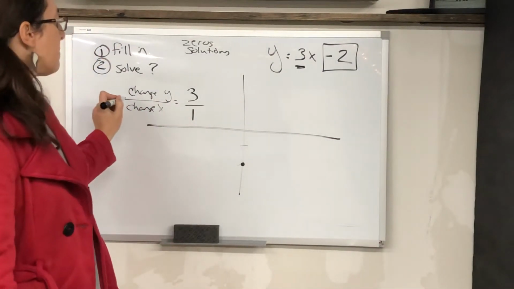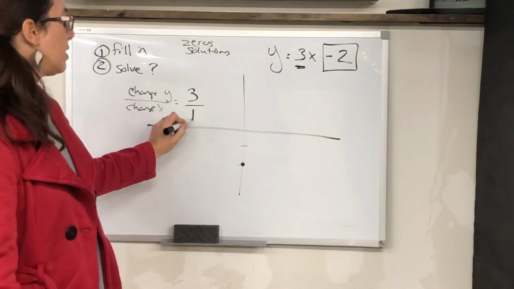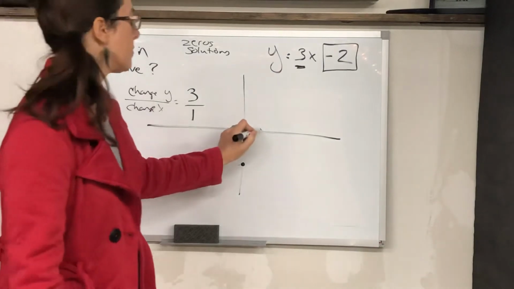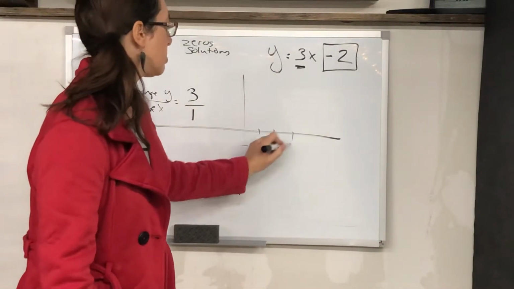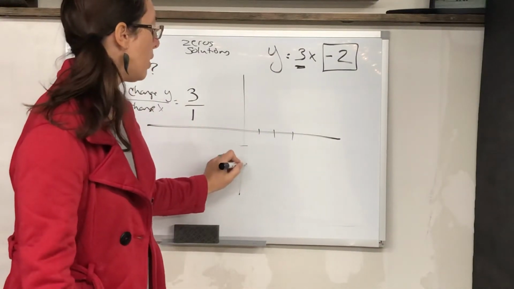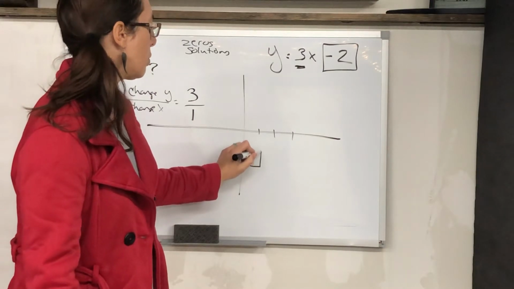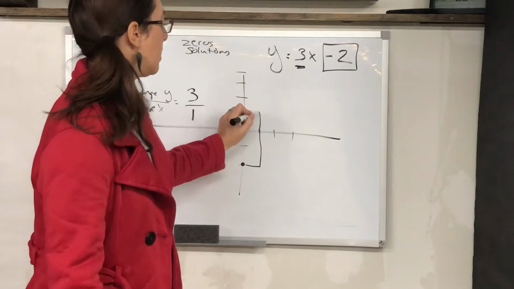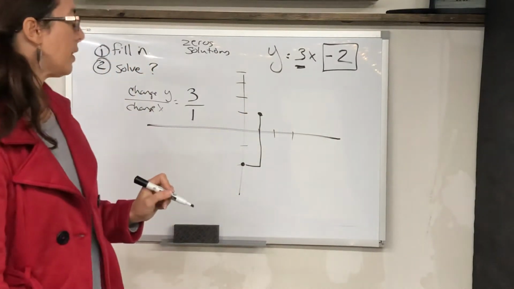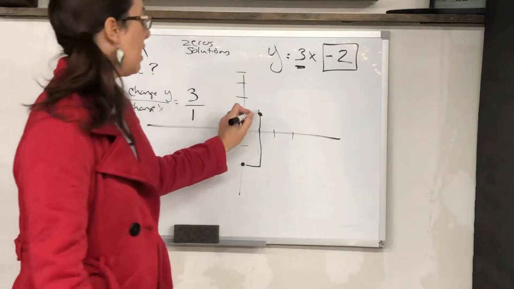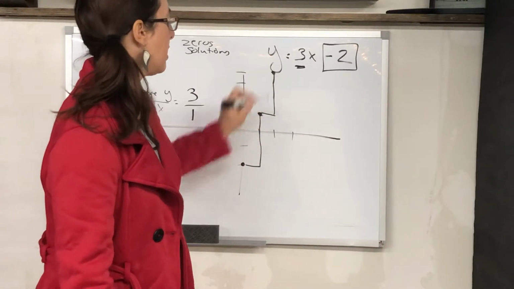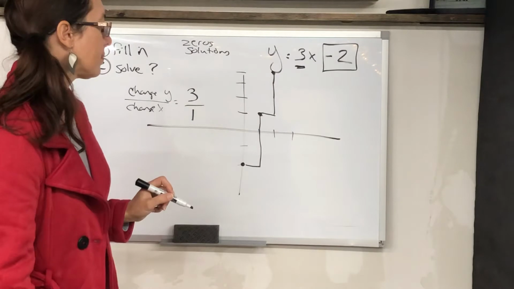So it says every time I go 1 on x, I'm going to go 3 on y. Okay? So let's look at this. If I go over 1 on x, I'm going to go 1, 2, 3 in y, and that will be my next point. If I go over 1 again, I'm going to go 1, 2, 3. I have my next point there.